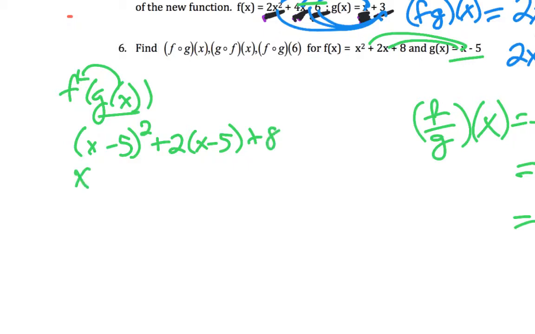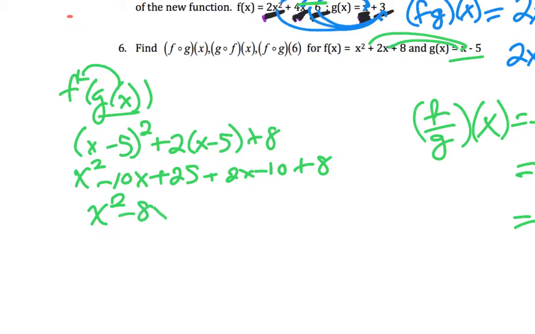And this is going to be an x squared minus 10x plus 25 plus 2x minus 10 plus 8. And that comes out to be an x squared minus 8x plus 23. So that's f of g of x.